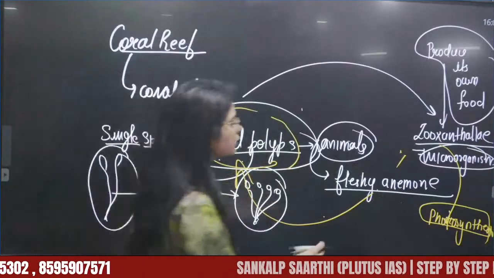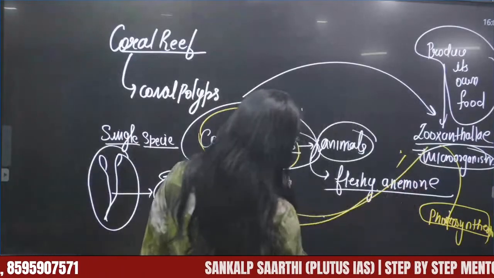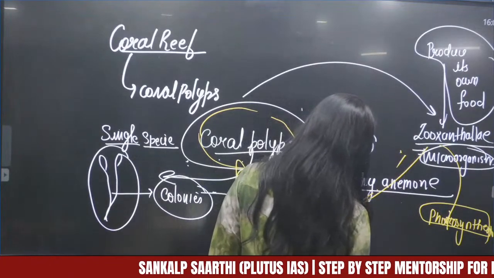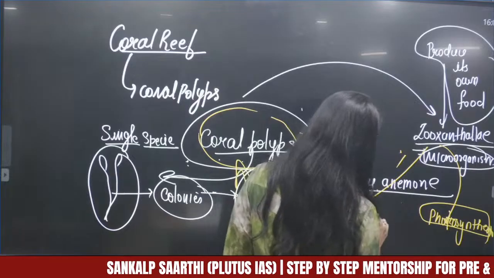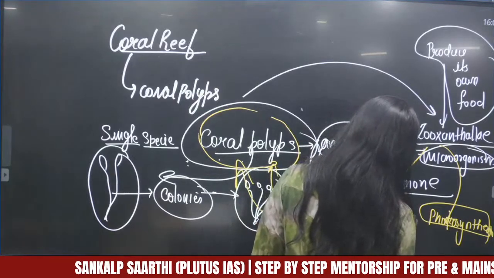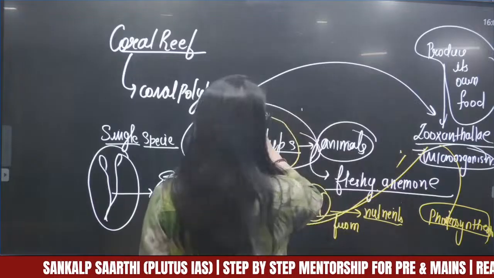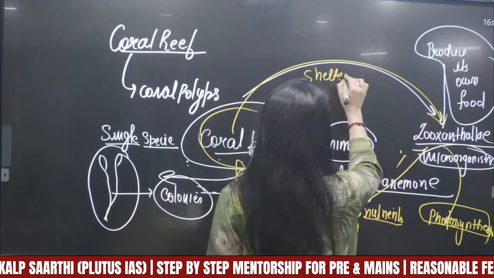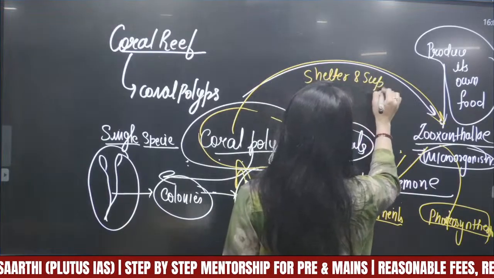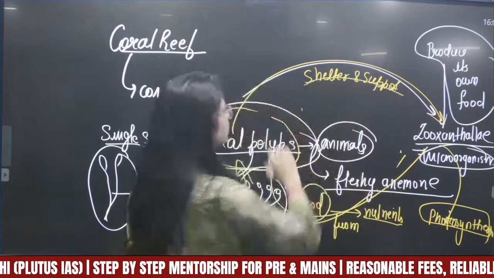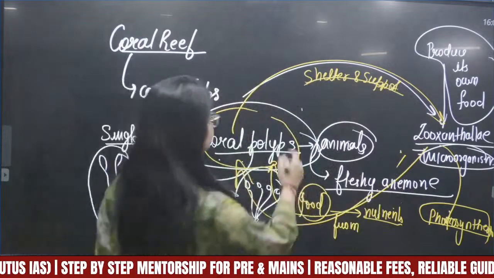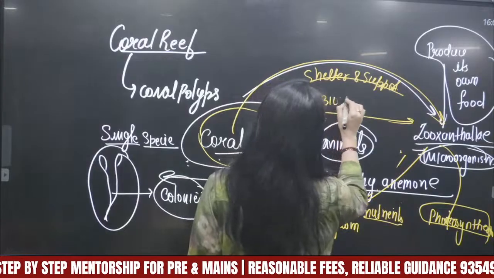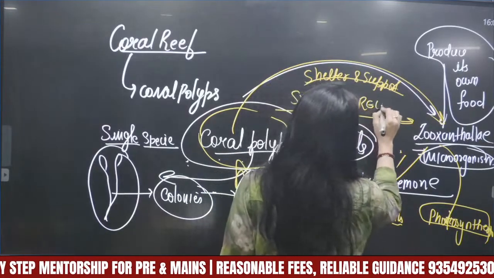Why? Because coral polyps are taking food from the zooxanthellae. They are dependent on it for nutrients. And on the other hand, coral polyps are providing the zooxanthellae shelter and support. Right? So there is a symbiotic relationship which has been formed between both of them.